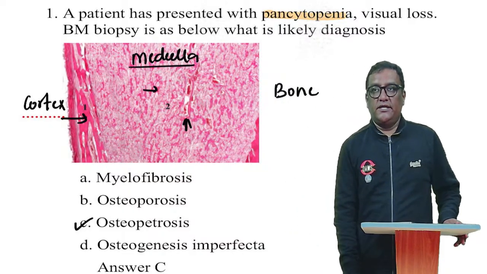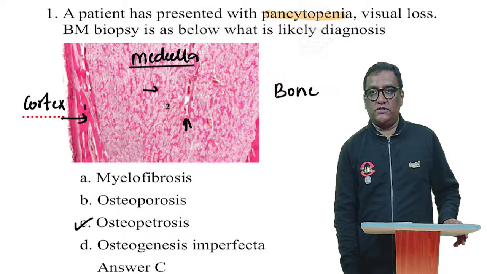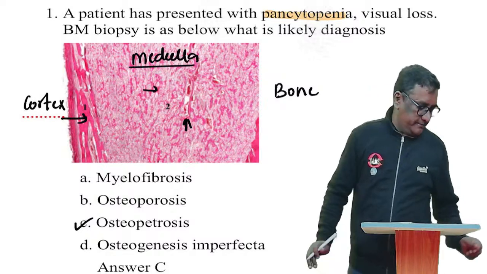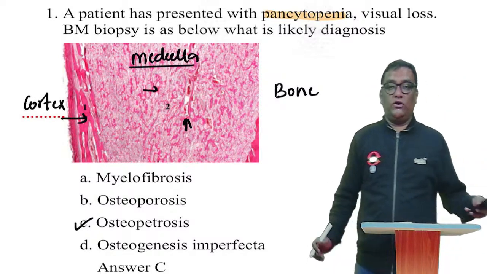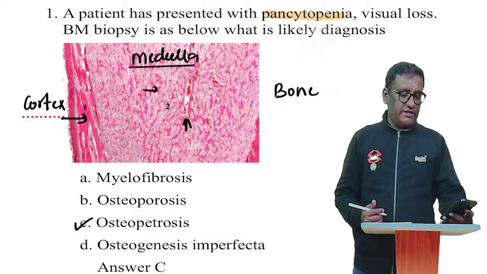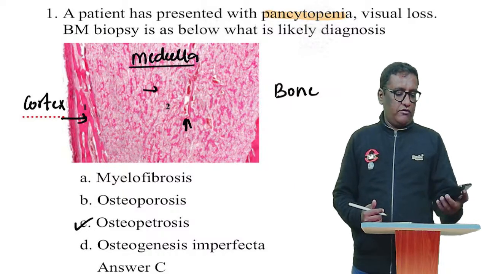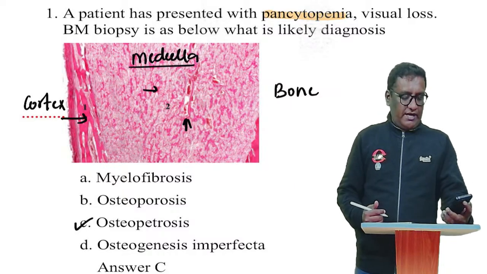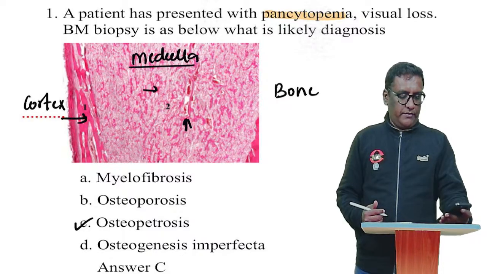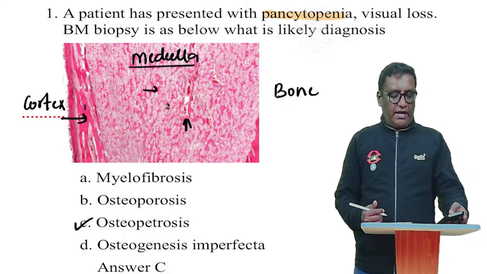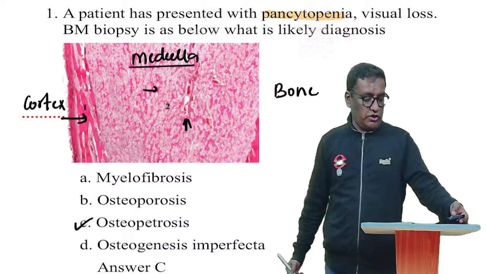So what exactly happens in osteopetrosis? Tell me, guys. You can use the chat box and please tell me what happens in osteopetrosis. There is a lack of osteoclastic activity.